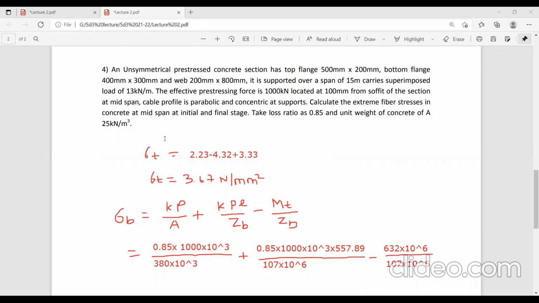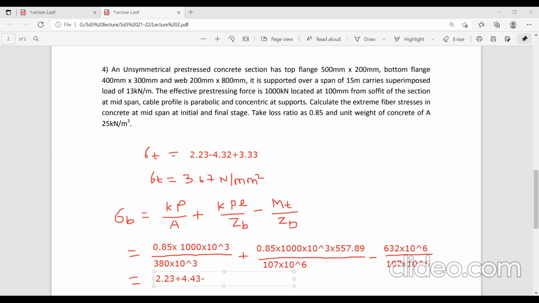Tell me how much is the value. First term: 0.85 into 1000 into 10 raised to 3 divided by 380 will be 2.23, same 2.23. Then plus 0.85 into 1000 into 10 raised to 3 into 557.89 divided by 107 into 10 raised to 6 will be 4.43.